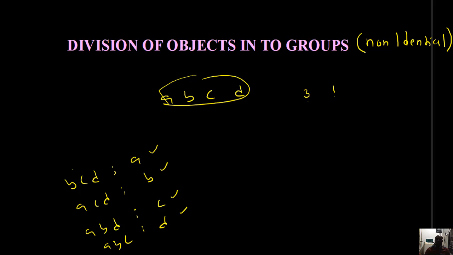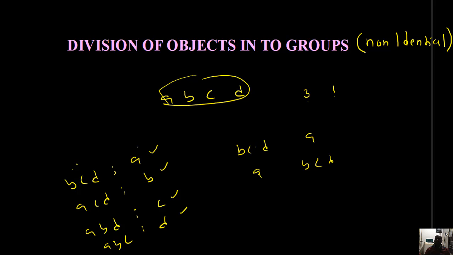This is person 1 and this is person 2, or this is person 2 and this becomes person 1. Here order becomes important. One group is BCD, A is the other group, or the other way around. Actually in the first example, these two are treated as the same. But what I am saying now is, we want to make groups of 3 and 1 among persons.